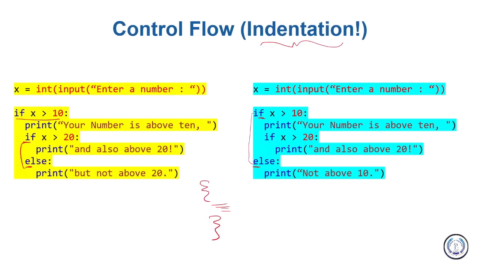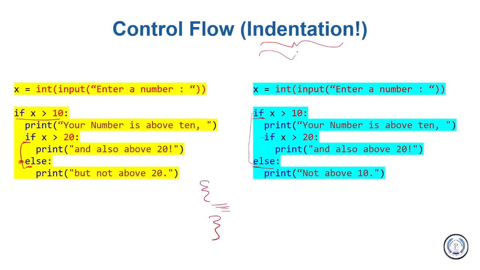So for example, this is a crucial example. If this else just moves backwards and is aligned with this if, you get this else with this if. These are two if and else structures. This is still a nested if without an else part. And if this else moves somewhere in between, I mean, if this is not aligned with this if, you get a syntax error because that is not a proper indentation.